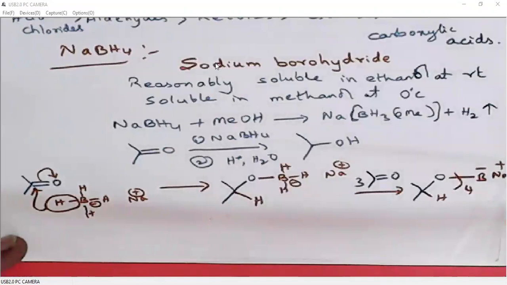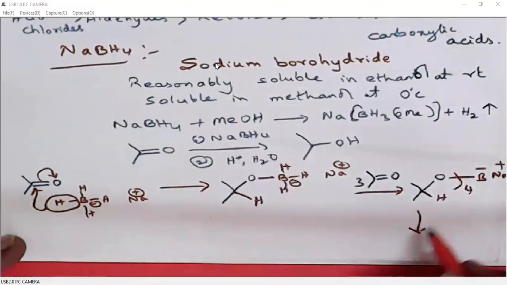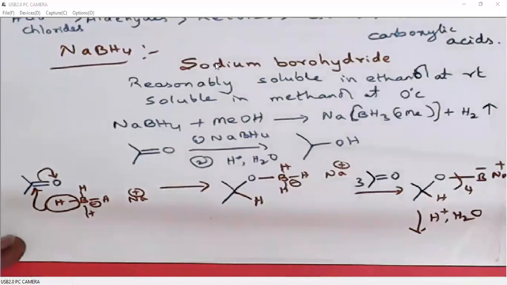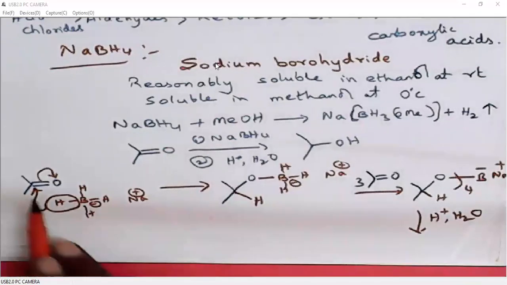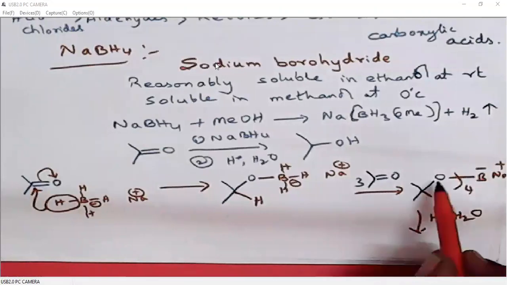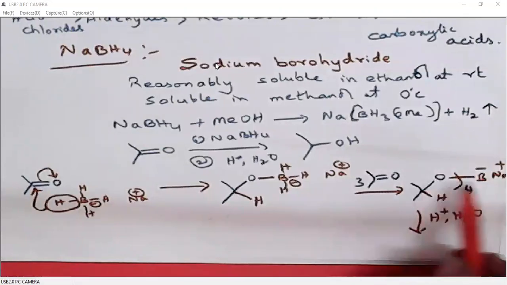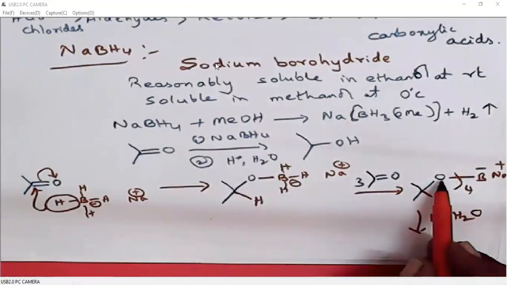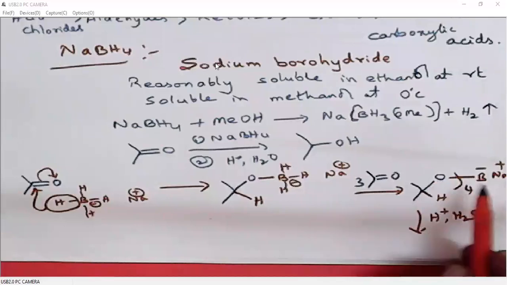Then we add water or dilute acid towards the end of the reaction. When we confirm that there is no carbonyl left, we add dilute acid. H plus adds to oxygen, OH minus adds to boron.